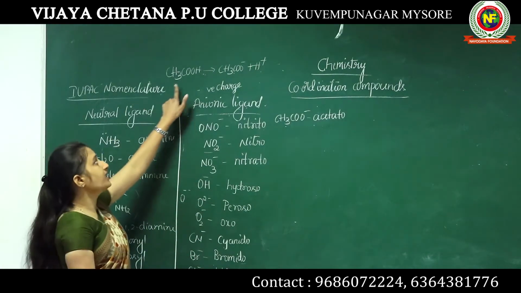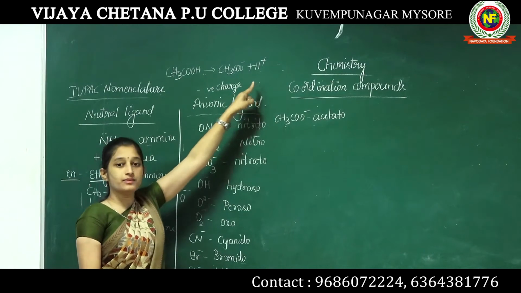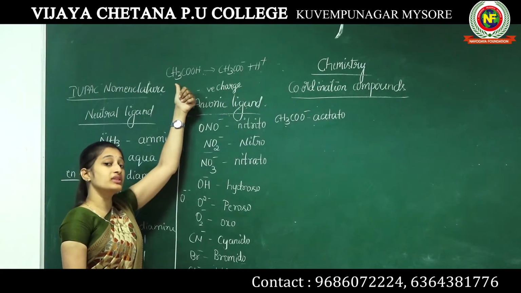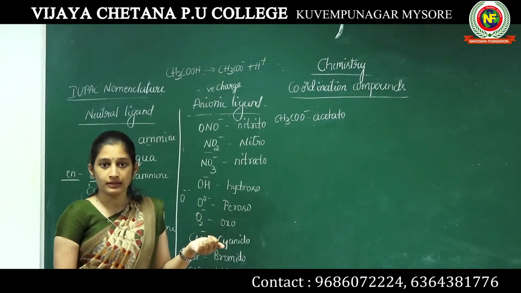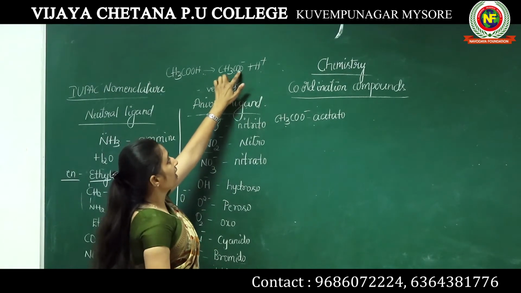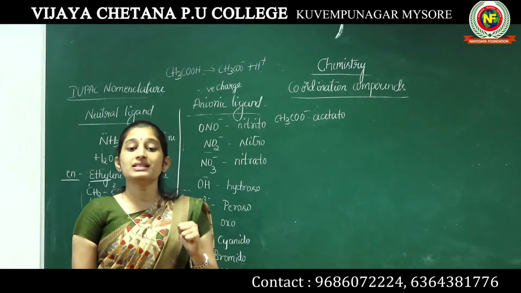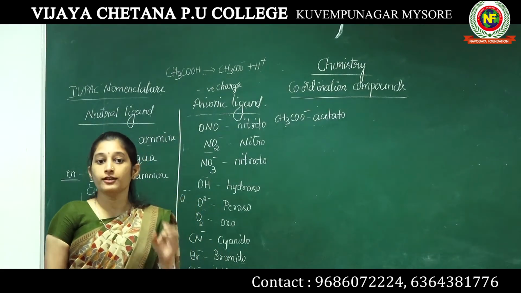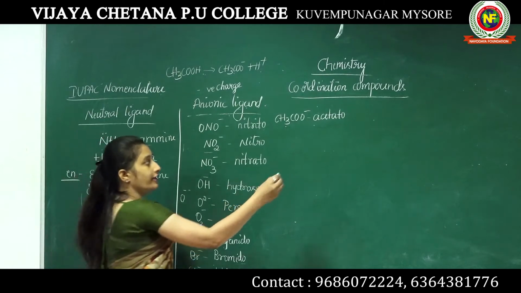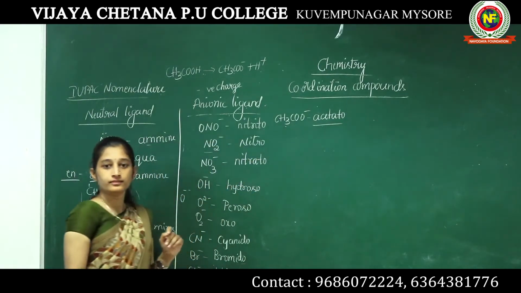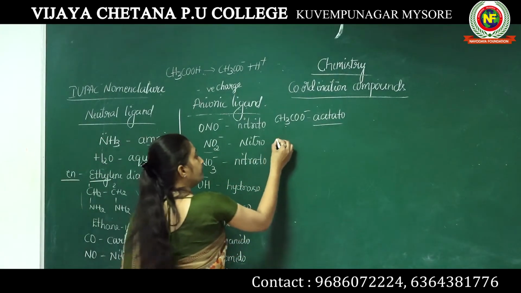Here CH3COOH donates H plus, so it's an acid. That's why it is acetic acid. Here it contains a negative charge, and negative charge means anion. It serves as a ligand. When it serves as a ligand, what is the name for that? Acetato.